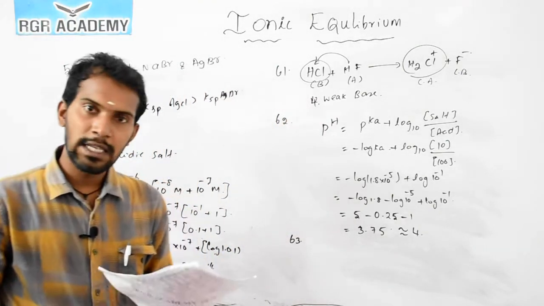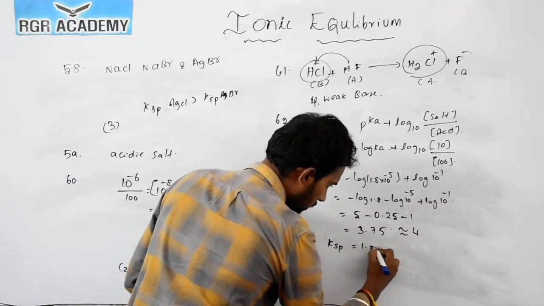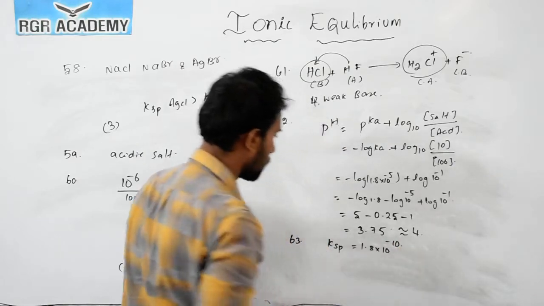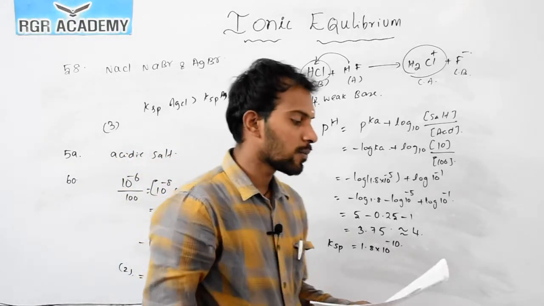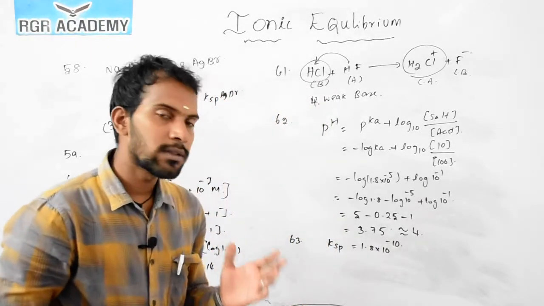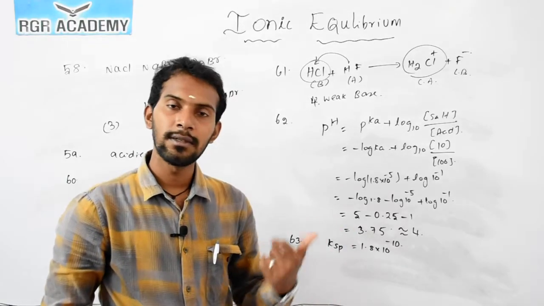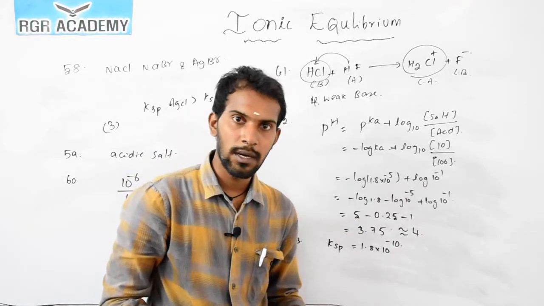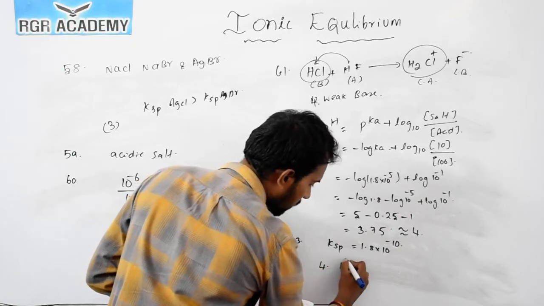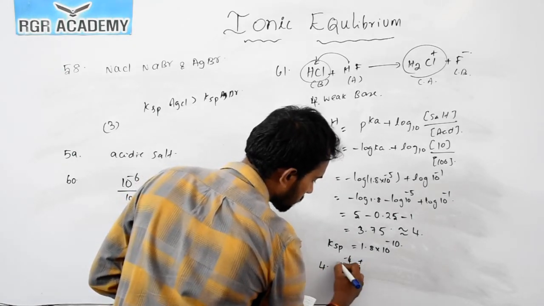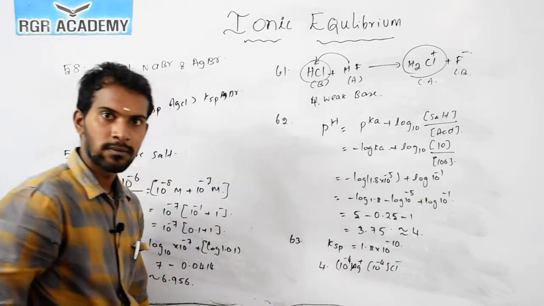So the given Ksp is 1.8 into 10 power minus 10. So which one precipitates easily? The one whose ion concentration product is greater than Ksp can be precipitated very easily. Now see option 4, it has 10 power minus 4 concentration of Ag plus and 10 power minus 4 concentration of Cl minus, correct?